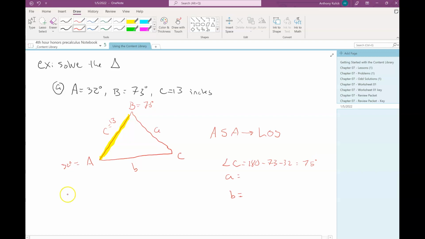C. So I'm going to do sine C over side C. And then which should I do next?